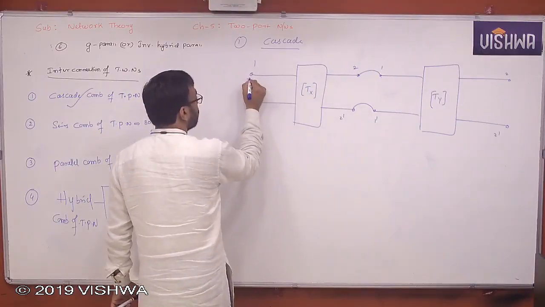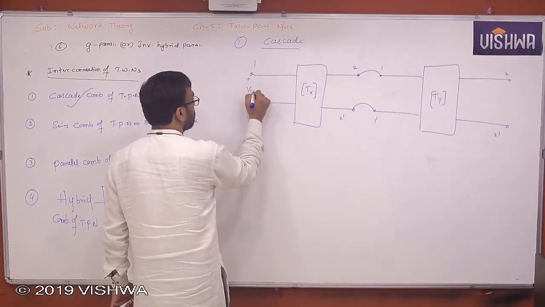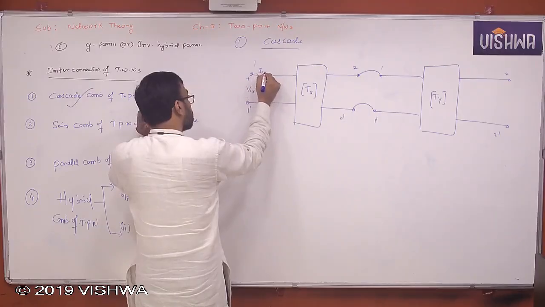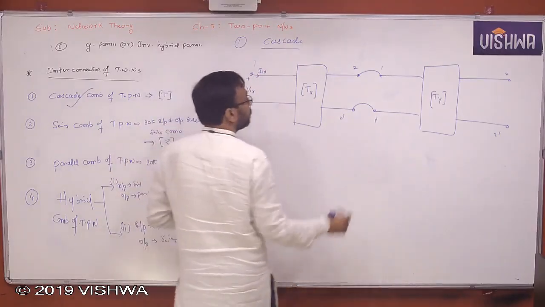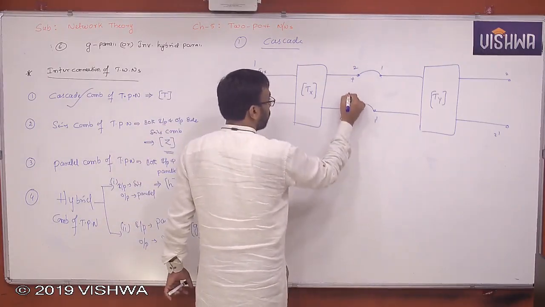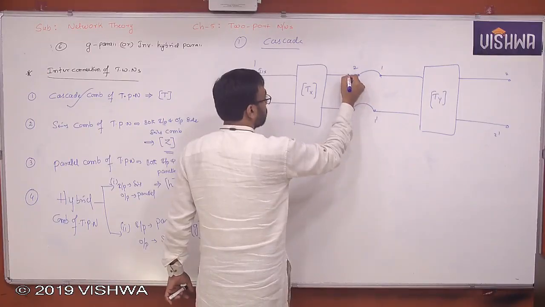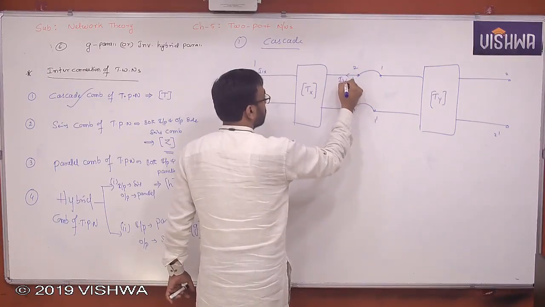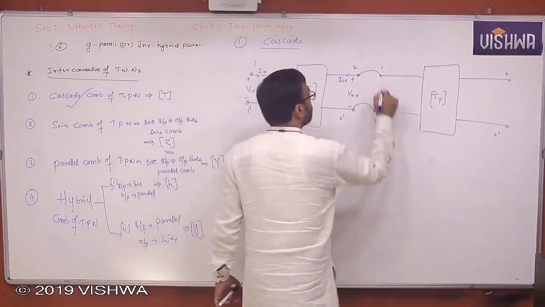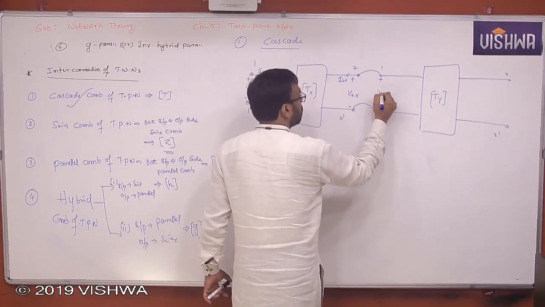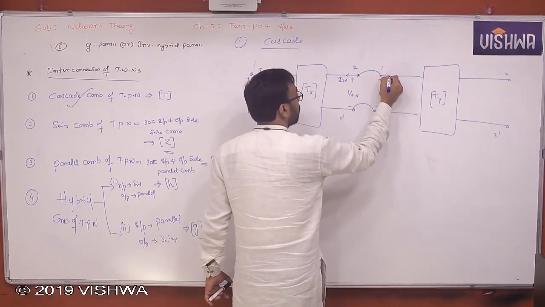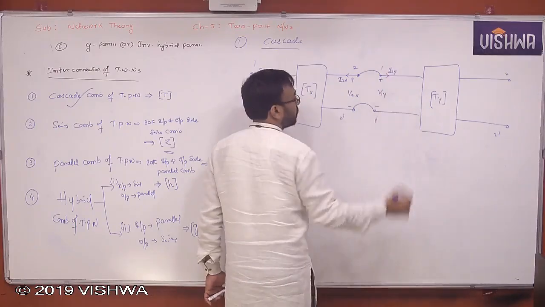This is plus minus V1x and I1x, V2x and I2x, V1y and I1y.